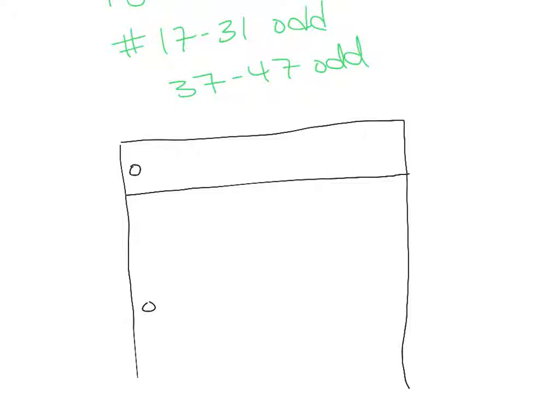Maybe write the assignment number up here, or not the number, but the assignment, what it was. 1-2, 17 through 31 odd, and 37 through 47 odd. I should have done this on yesterday's, but that's okay. And then start with number 1 here.